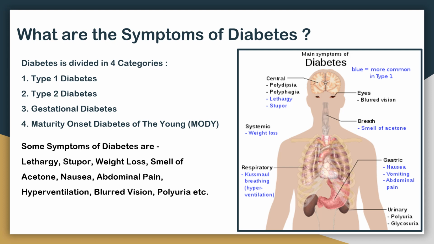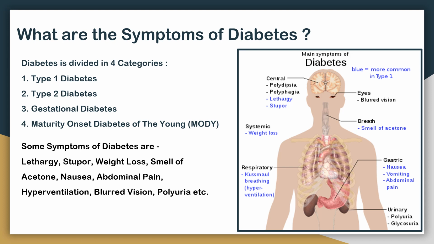Every day you are losing some kgs of your body mass. Then, smell of acetone, a breath related issue. You can have bad breath, or you can smell things which are not natural.